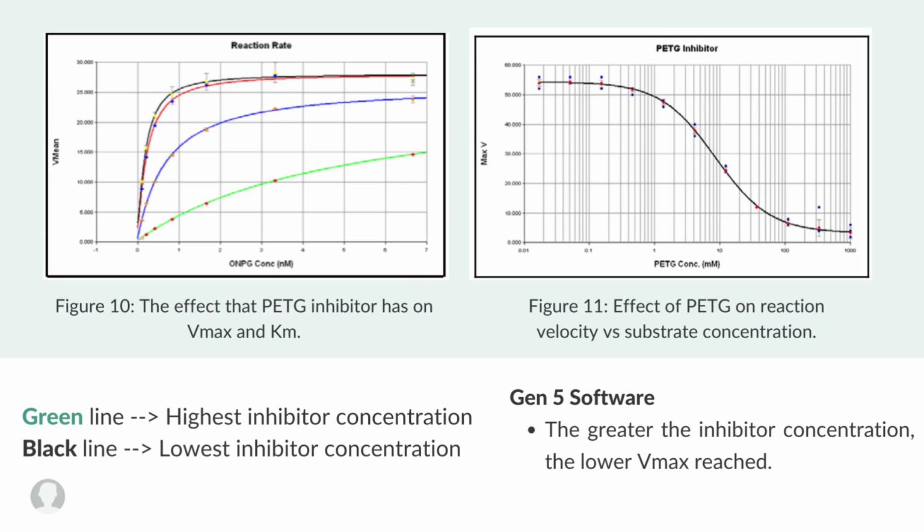This further shows that PETG is a competitive inhibitor as it will compete for enzyme binding sites, leading to an excess of substrate available. Hence, this results in a similar Vmax value in the enzyme reaction with or without inhibitor present. As seen in figure 11, Gen 5 software also showed that the greater the inhibitor concentration, the lower the Vmax reached.